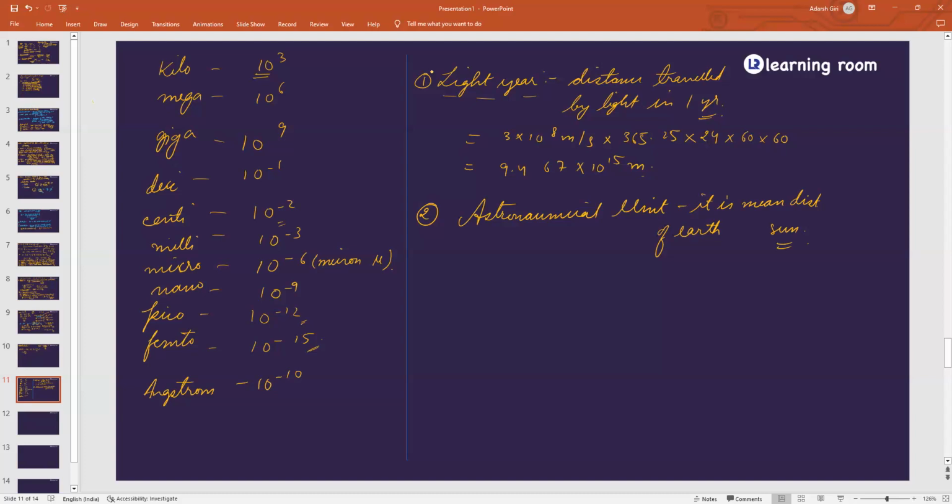And this is 1 AU, which is 1.496 into 10 raised to the power 11 meters.